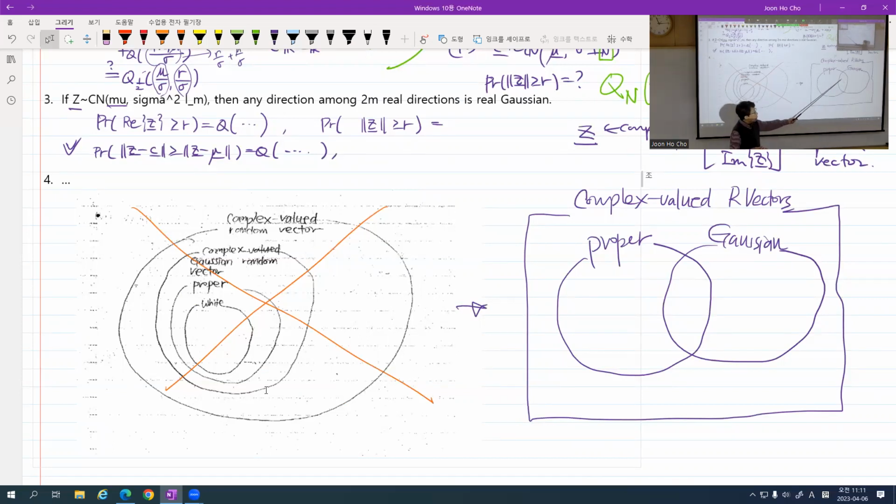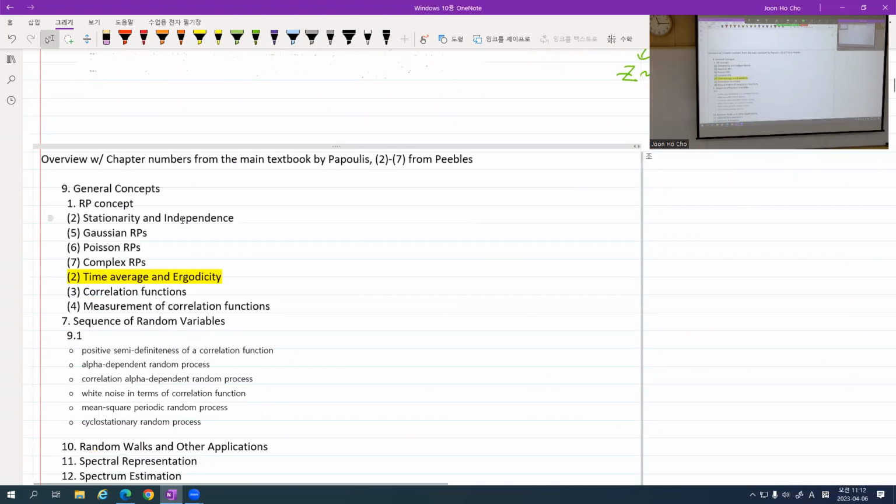The intersection is proper complex Gaussian random vectors, and a random variable in this intersection, for example z, is denoted by CN of mu and some covariance matrix. Got it? Okay, so I believe I'm done.